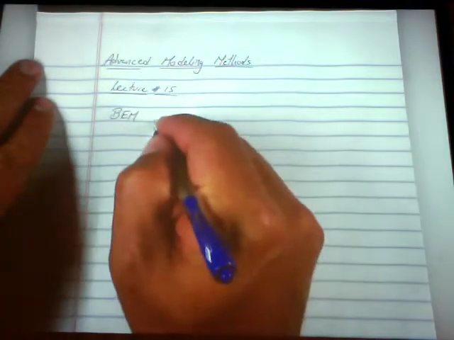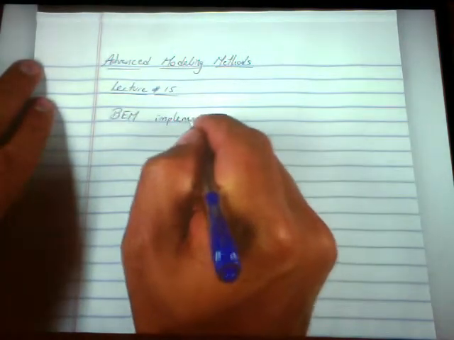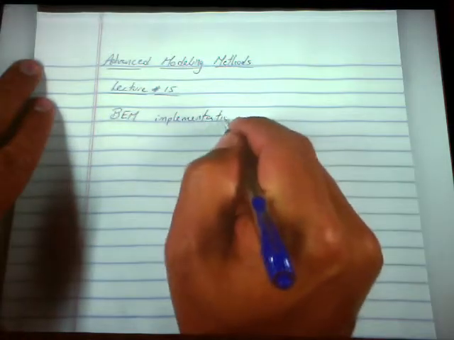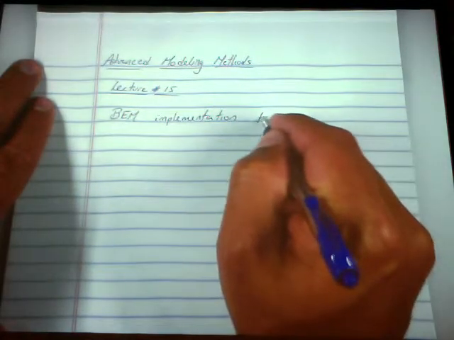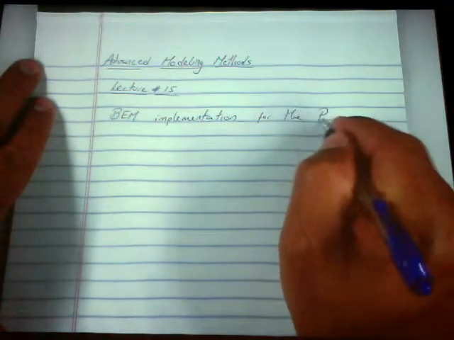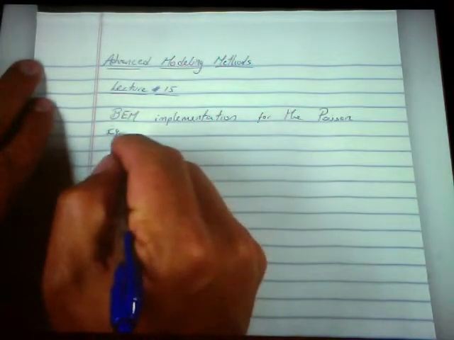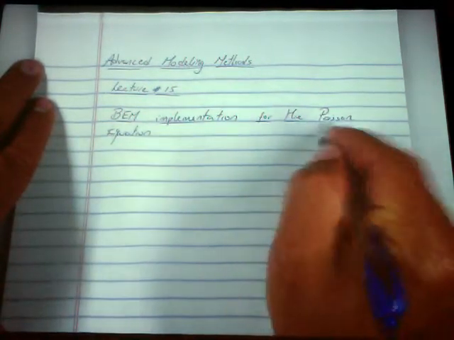So let's talk about the BEM implementation for the Poisson equation. The Poisson equation is essentially the Laplace equation.